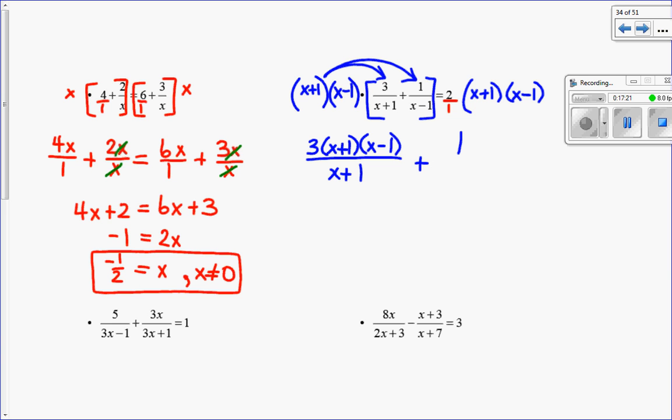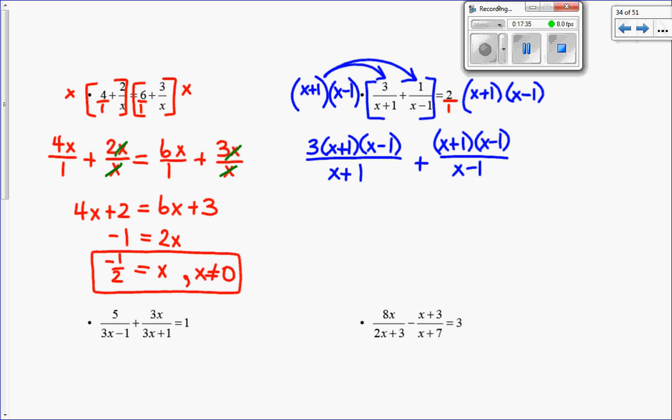So I've really got 1 times x plus 1 and x minus 1 all over x minus 1. And that equals 2 times x plus 1 and x minus 1.